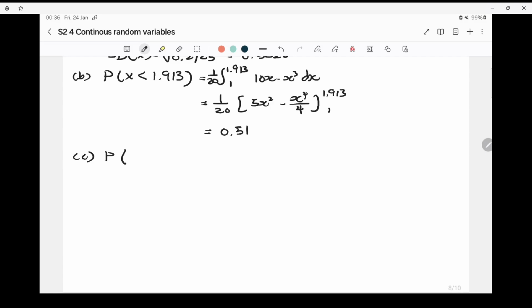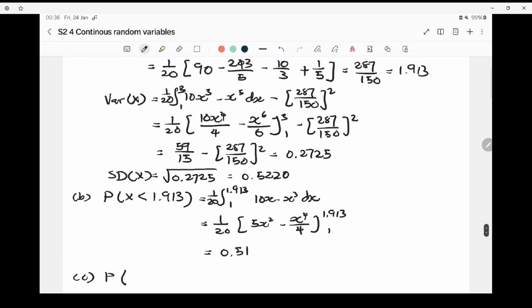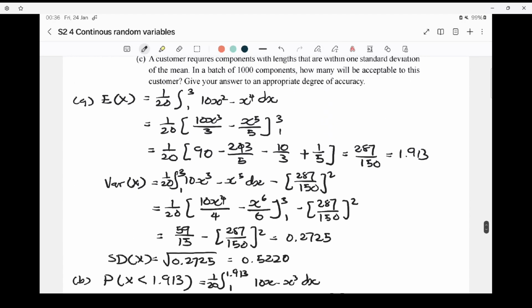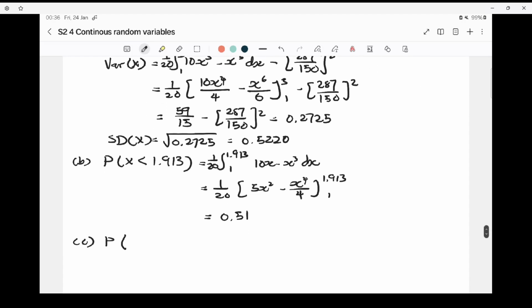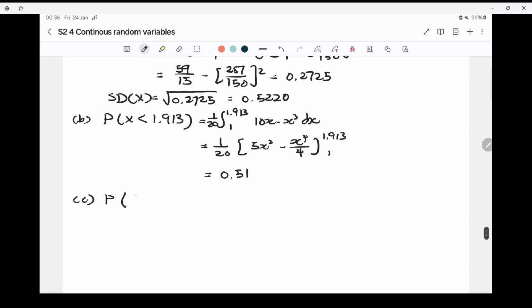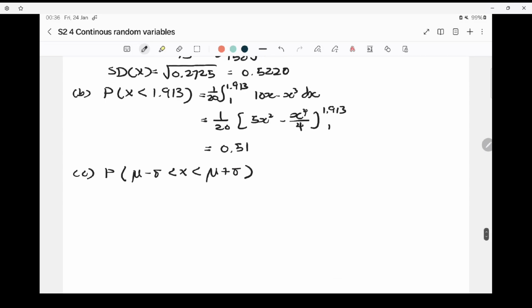That means that your mean is 1.913 and your standard deviation is 0.5220. So the equation that you need to write is the mean minus standard deviation less than x less than the mean plus the standard deviation. So this is the equation that you need to write.